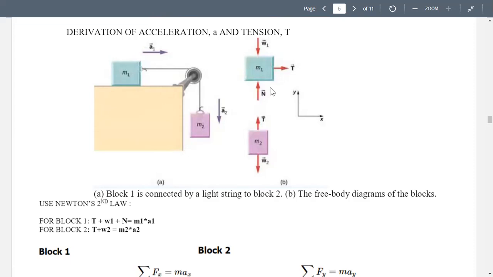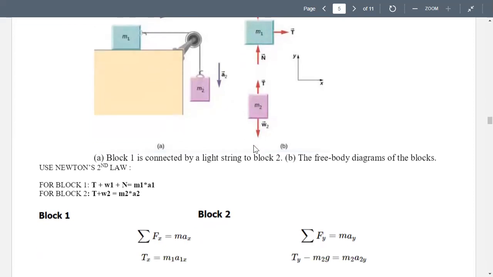And then remember that normal force is the force perpendicular to the surface, so it points upwards. And then we have this tension here pointing towards your right. For the free body diagram of your second block here, the tension is pointing upwards and then the weight points downwards. Weight here is affected by the M2.